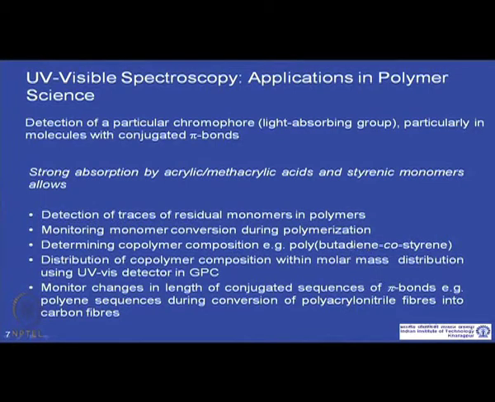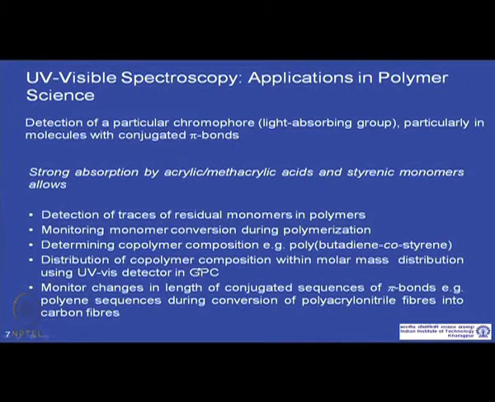For that, of course, we need to know the absorption behavior of the individual homopolymers, like in this case polybutadiene and polystyrene. If we know the individual absorption spectra for polybutadiene and polystyrene homopolymers, then from there we can easily get the composition of the polybutadiene-co-styrene.